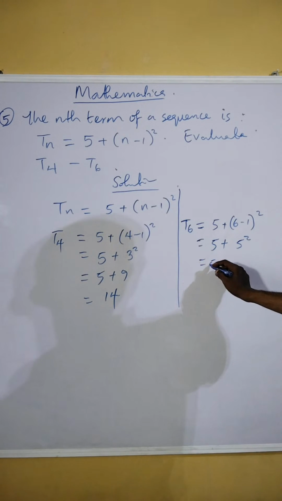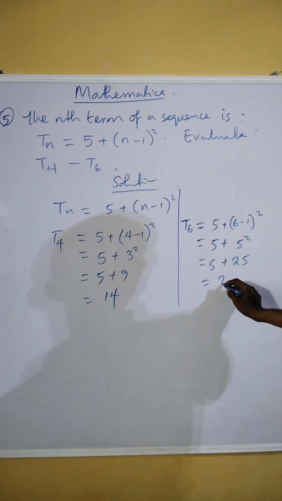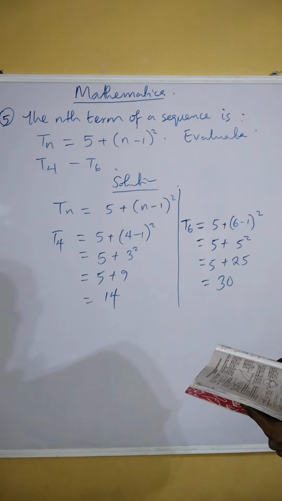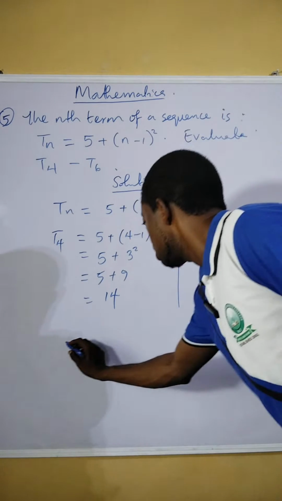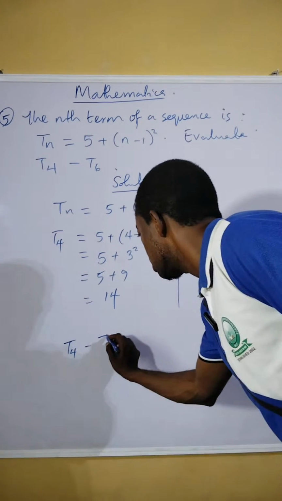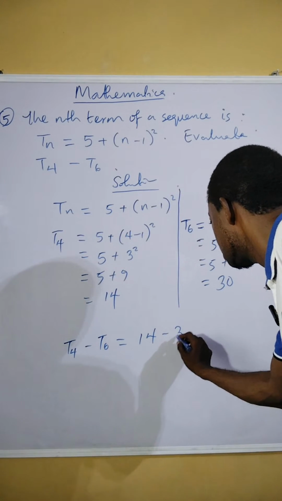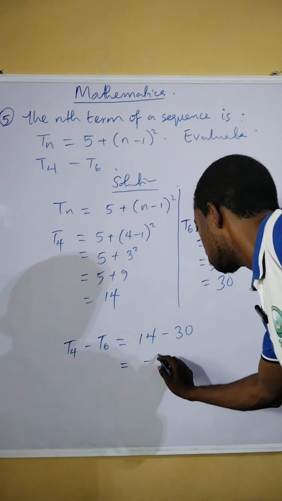So here that's 5 plus 25. This is 30 here. Now, T4 minus T6 is equals to 14 minus 30. And that gives us minus 16.